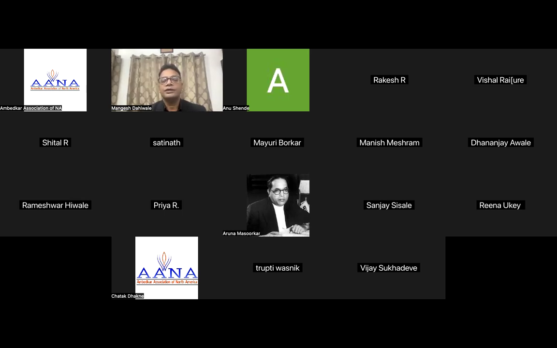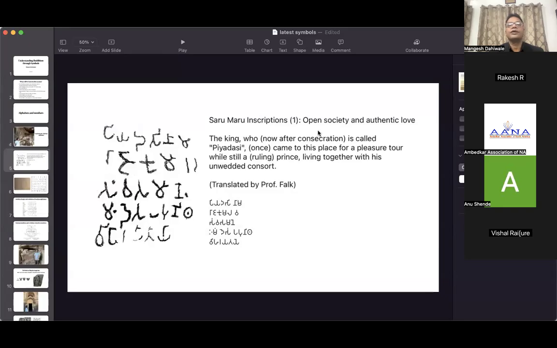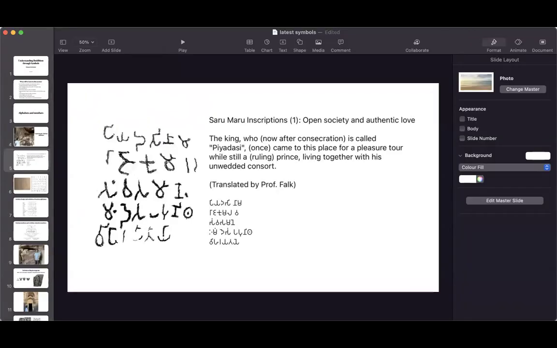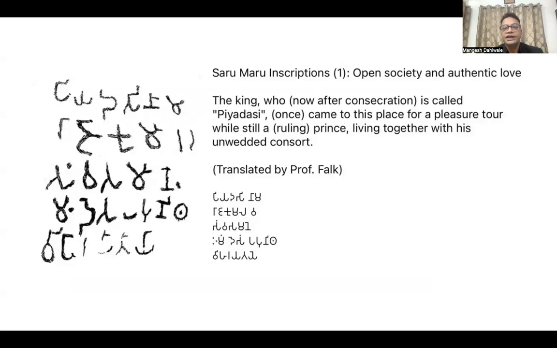Okay, so this is what is written there: that the king who now, after consecration, is called Piyadasi once came to this place for a pleasure tour while still a ruling prince, living together with his unwedded consort.